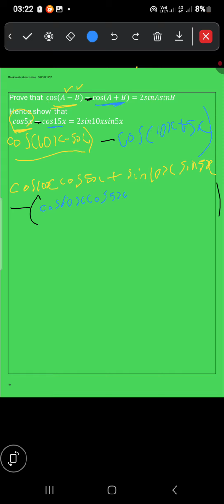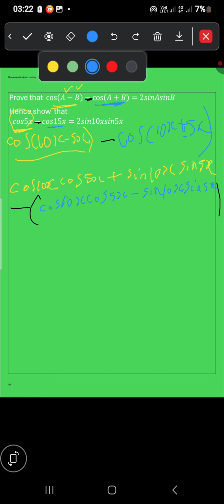If you're adding inside, you must be subtracting outside, so sine of 10x sine of 5x.